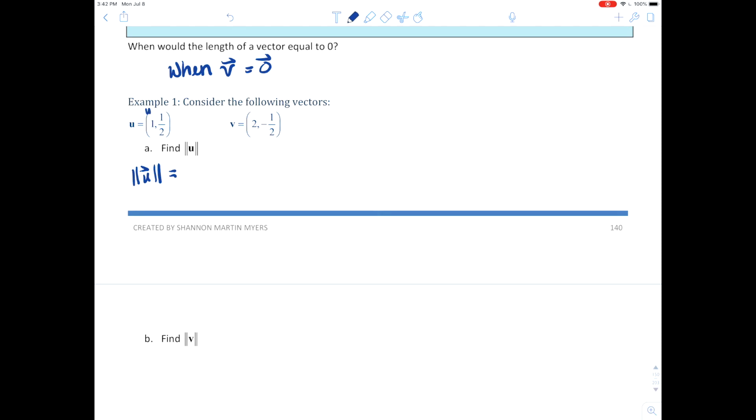So this would be like my U1 and U2, right? So we'd have the square root of 1 squared plus a half squared. And that's going to equal, our magnitude of U will equal the square root of 1 plus a quarter, which is 5 quarters, so we would end up with the square root of 5 over 2 units. Cool, cool?